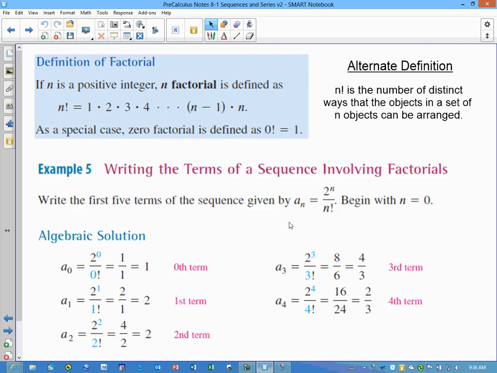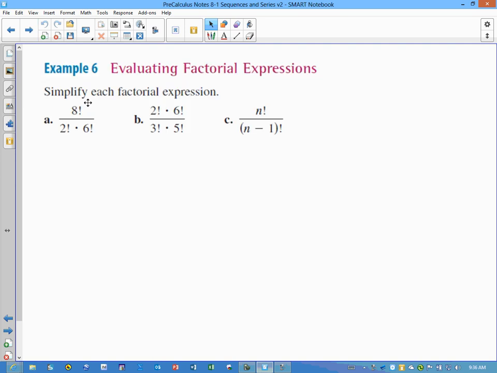Now, when simplifying, a lot of times you're going to have factorials in the numerator, factorials in the denominator, and you want to be able to simplify these expressions. So starting with the first one, the long way to do it, of course, is just to rewrite the numbers as the products that they are.